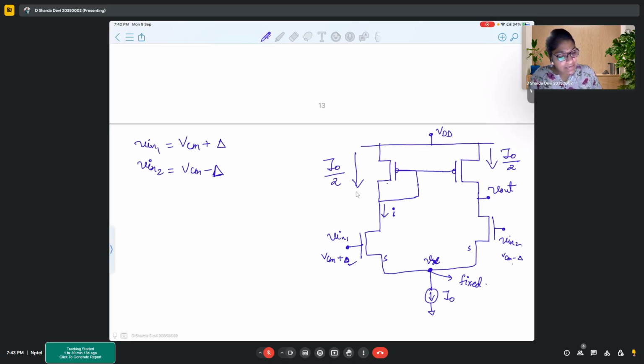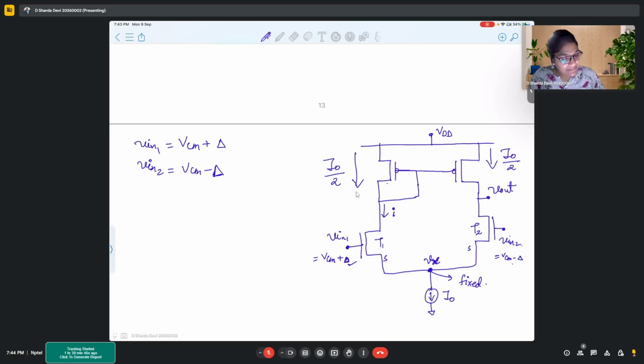So the small I is flowing through this transistor T1, right? But in transistor T2, you have minus delta I. Since I0 is fixed, there is no current change flowing through this I0. So the whole current in the circuit should be constant.